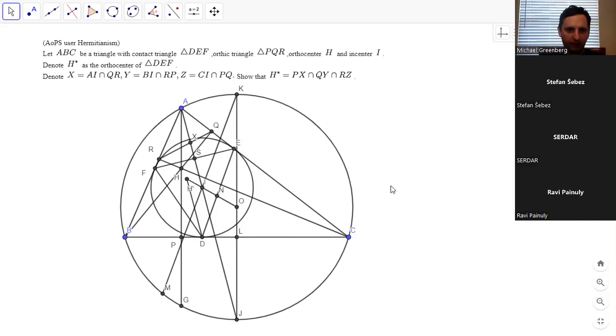Yeah, that point X is defined in a really weird way where AI intersects QR. That's kind of hard for me to think about how to use. I feel like there are so many of these theorems where you want to show a line passes through the orthocenter of a triangle.